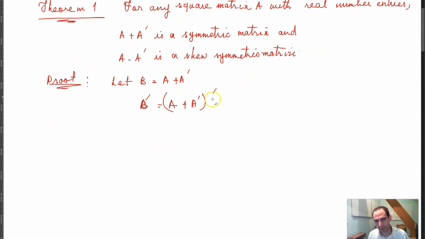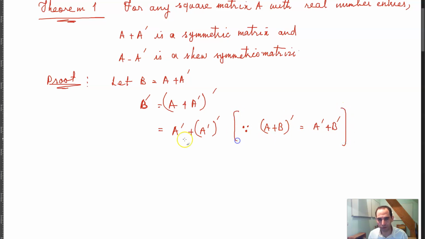Well, we know that this is equal to A prime plus A prime whole prime, because we said before that A plus B whole prime is equal to A prime plus B prime, right? And of course, this is the same thing as A prime plus A, because A prime whole prime is equal to A.